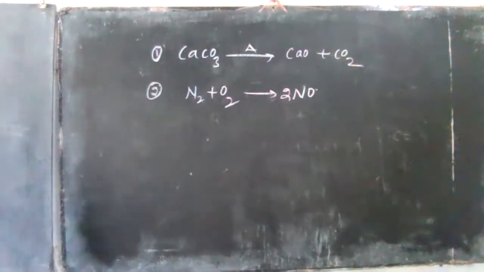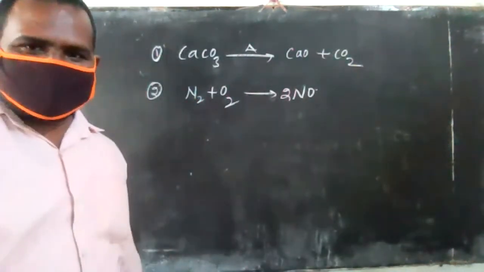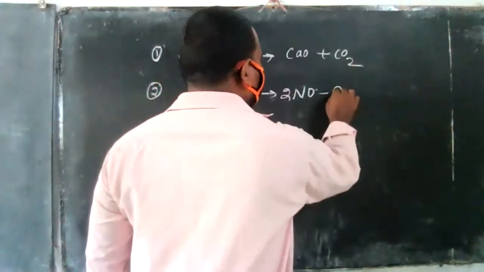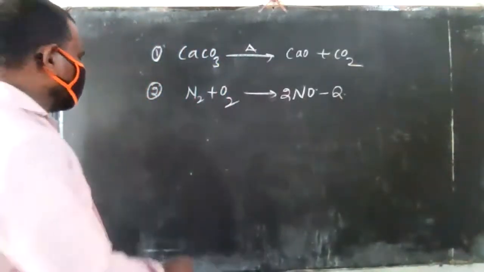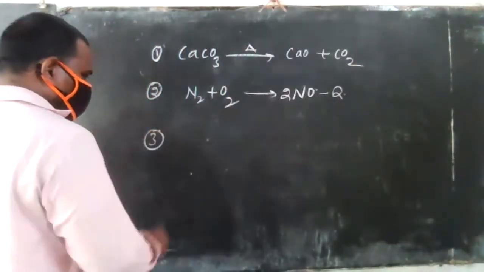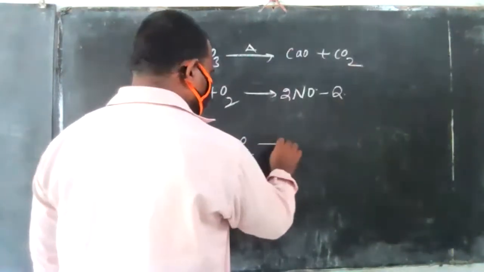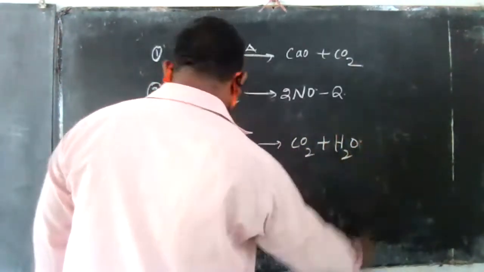So this is nitrogen reacting with oxygen to form nitric oxide. Heat is also absorbed, so this is an endothermic reaction. Next another one, C2H2 reacting with oxygen to form carbon dioxide and water.